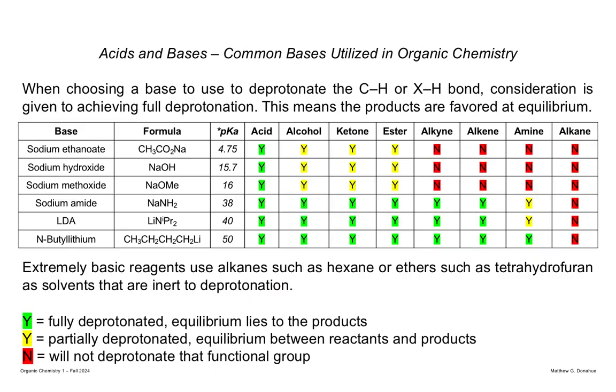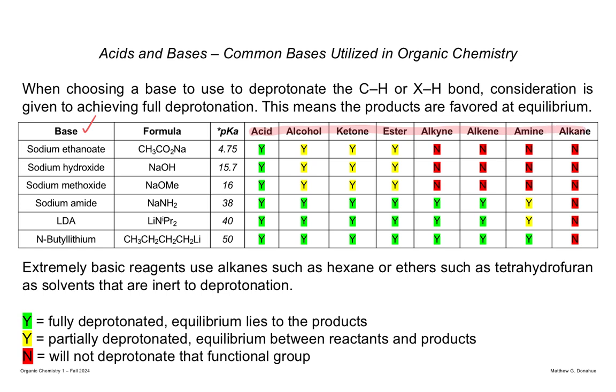So here is a stoplight chart to help figure out what sort of base to use. In the first column is the base you would want to use relative to all the functional groups that you've learned.